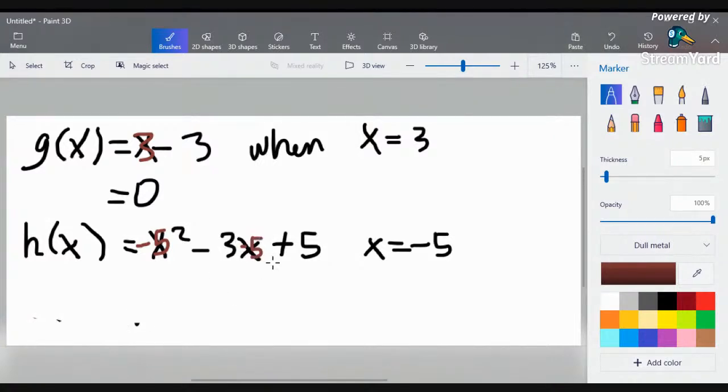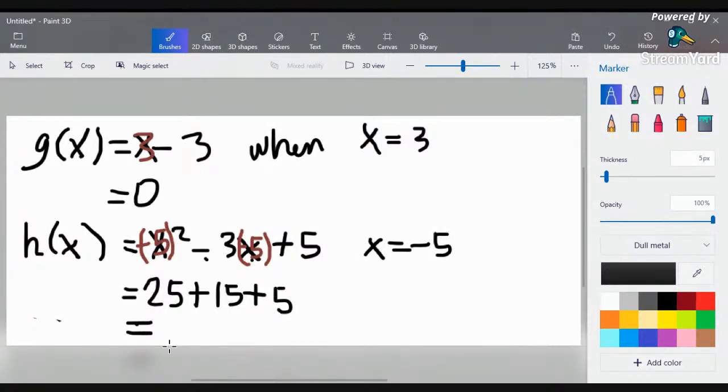So negative 5 times negative 5, the answer is positive 25. Minus 3, or negative 3 times negative 5, the answer is positive 15, plus 5. So our final answer will be 25 plus 15 is 40, plus 5, we get 45. That will be the answer for number 2.